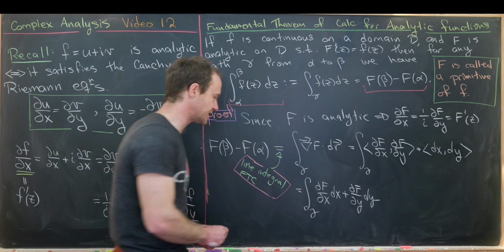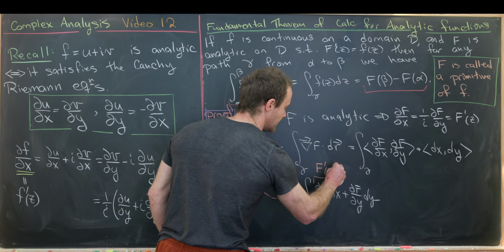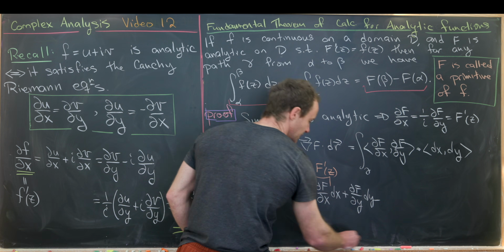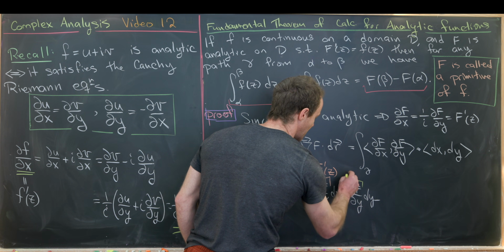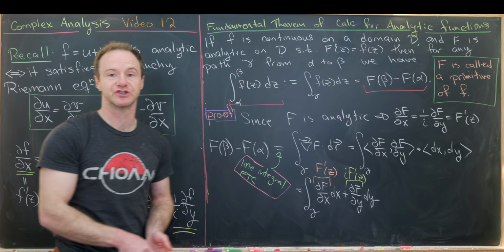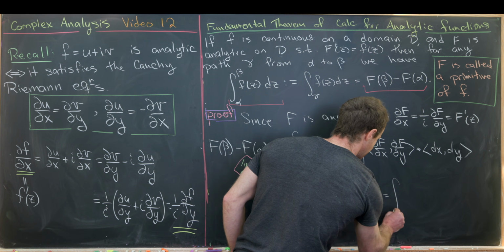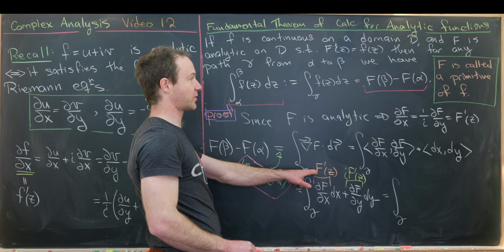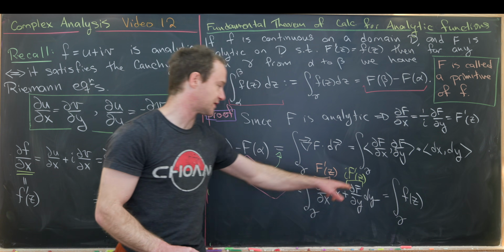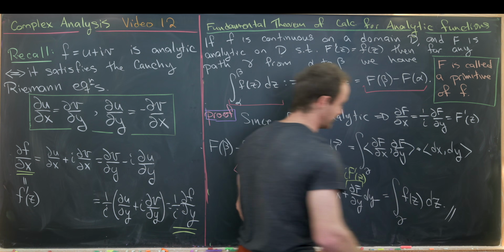But now let's notice that we can replace this partial of F with respect to x with F prime of z by the complex form of the Cauchy-Riemann equations, and we can replace this partial of F with respect to y with i times F prime of z by, again, the complex form of the Cauchy-Riemann equations. But that allows us to factor F prime out, and we're left with the integral over gamma of F prime, but F prime is little f, times dx plus i dy, but dx plus i dy is dz. And that finishes this proof.